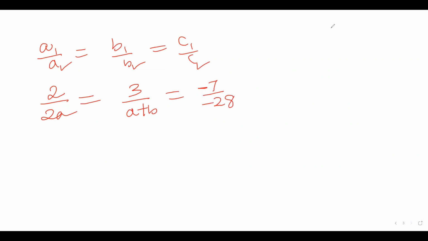Let us simplify this. 2 get cancelled, 1 by A, 3 by A plus B, minus minus cancel, 7 ones are 7, 7 fours are 28, so 1 by 4.